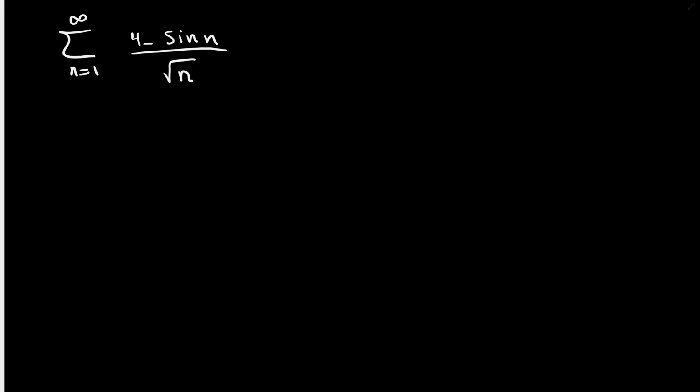So let's make that series. In the numerator, you see 4 minus sine of n, and in the denominator, you see n to the power 1 half.